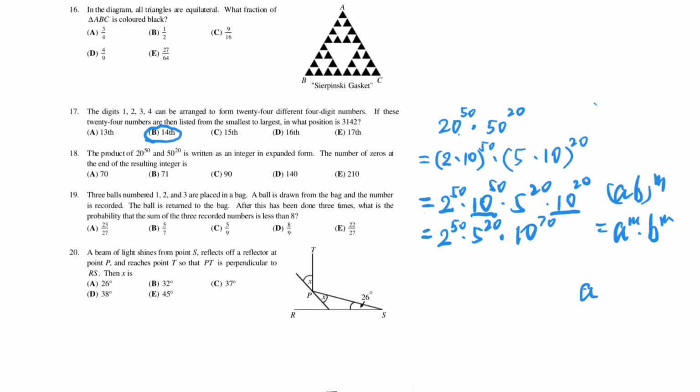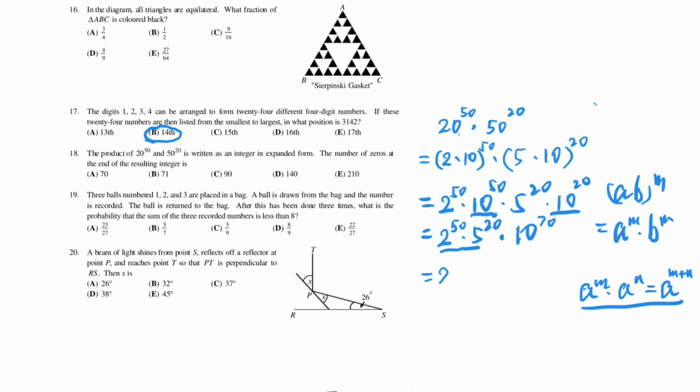The power rule is a to the power m times a to the power n, same base, gives us a to the power m plus n. Use the power rule. Now from the 2 times 5, we know that's 10.